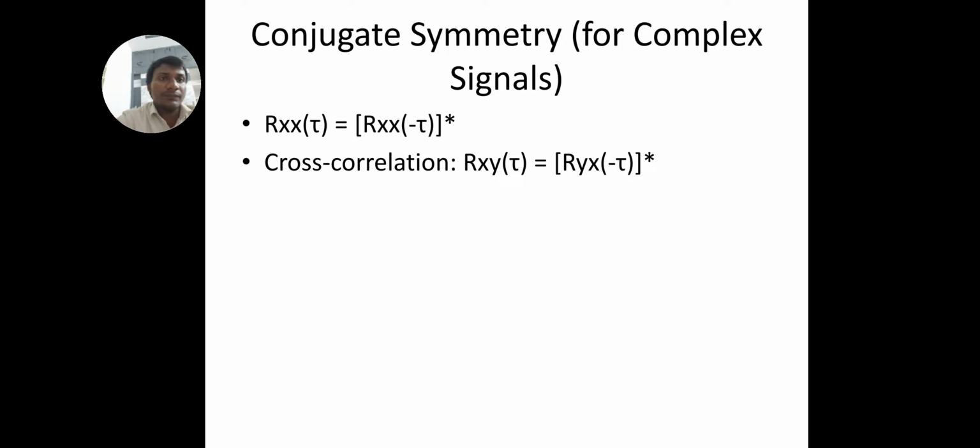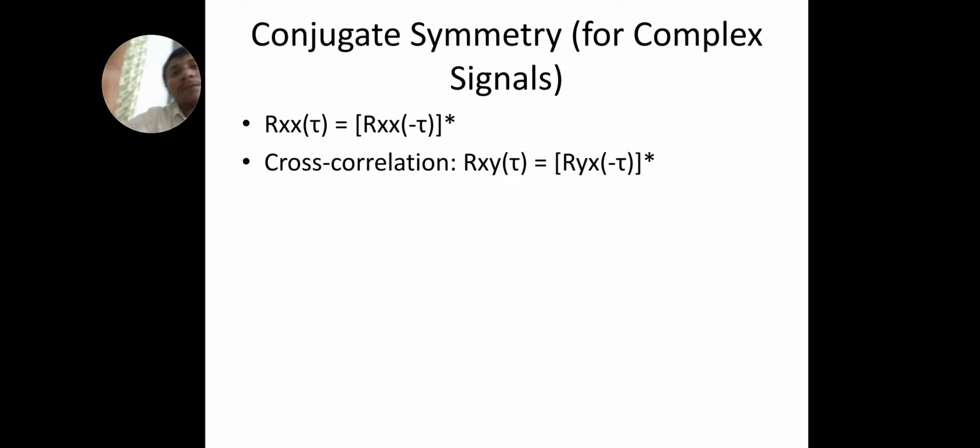Conjugate symmetry for a complex signal. Rxx of tau is equal to Rxx of minus tau star, where star means conjugate. Here it is not having any symmetrical property; it is just reverse.